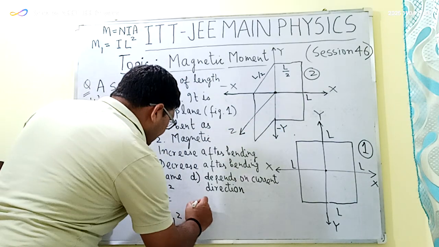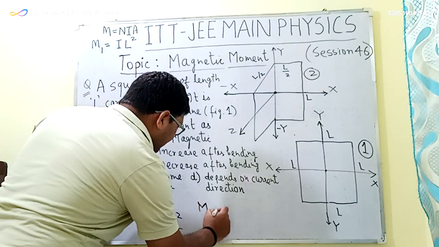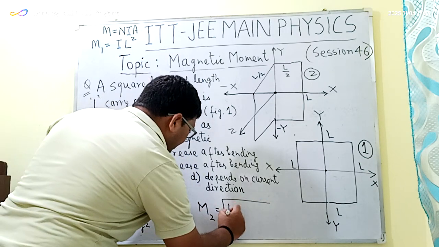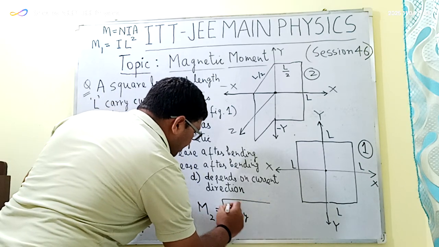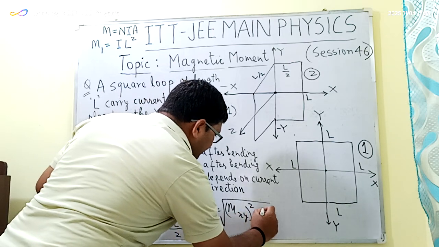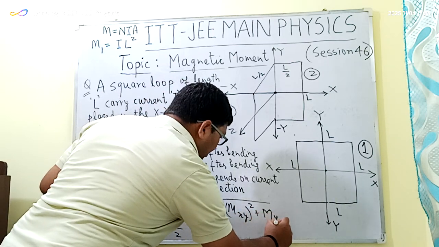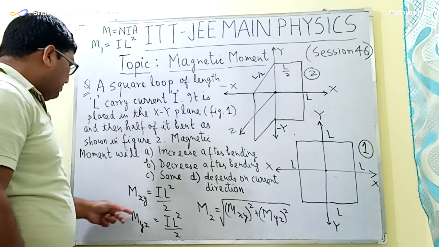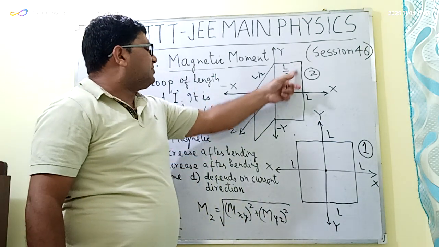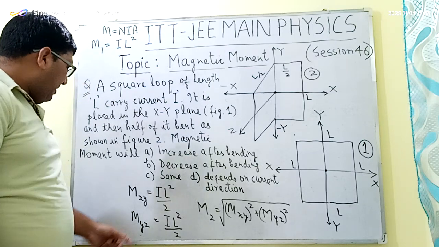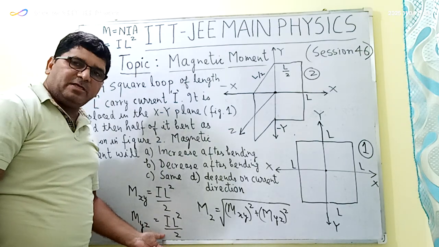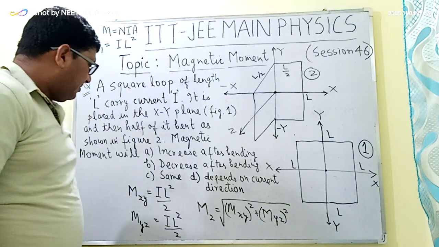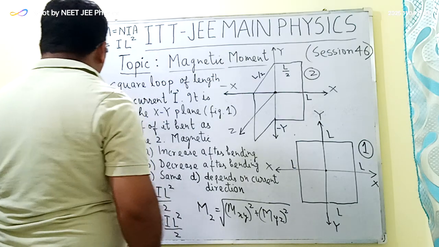So the resultant magnetic moment in the second case, let us say M2, will be the square root of MXY whole square plus MYZ whole square. Here MXY is the magnetic moment due to the loop which is lying in the XY plane, and MYZ is the magnetic moment due to the loop which is lying in the YZ plane.